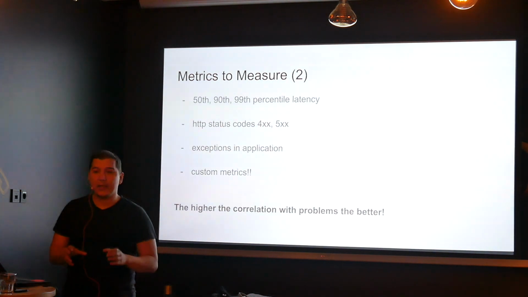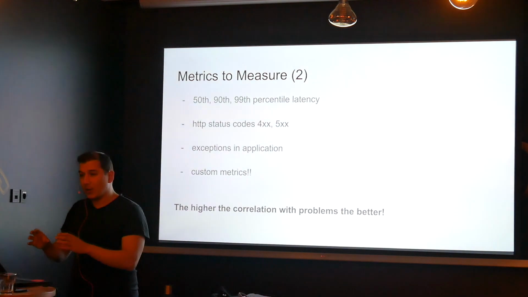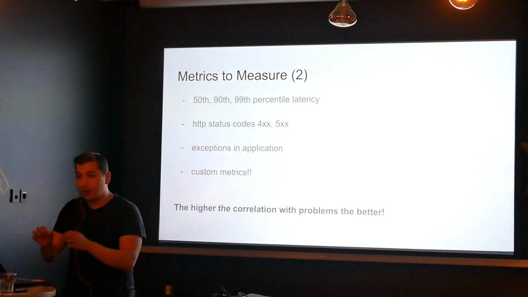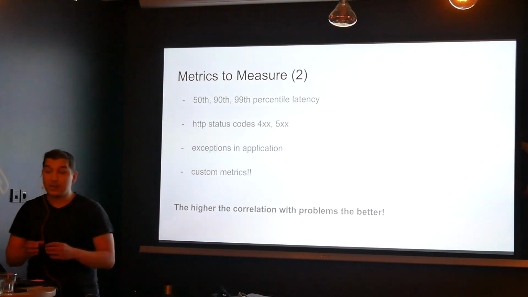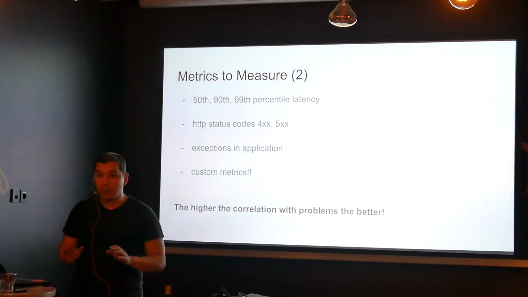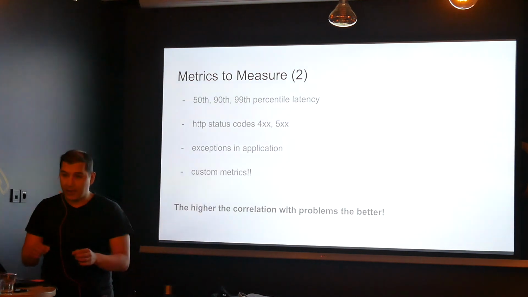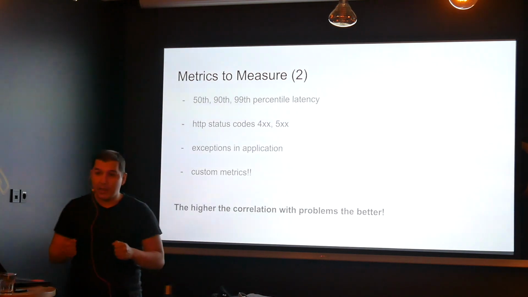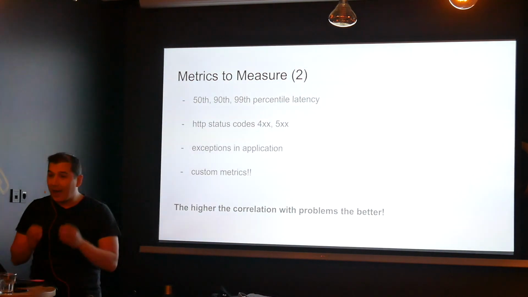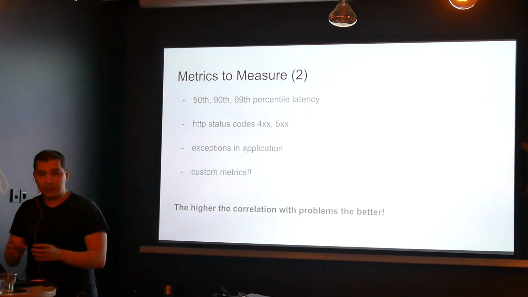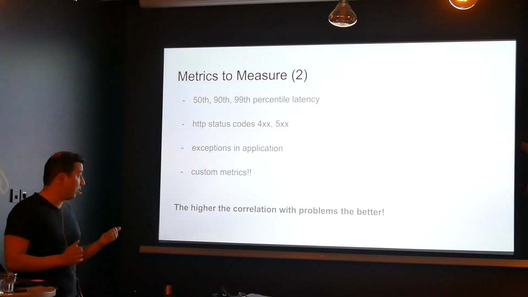If you have your service and you know that this one metric which you custom built has a lot of value about whether the service is working or not, then that's a great metric. Use that one. The more you know about your application and business logic, and the more you put that into a metric which has a high correlation to functionality, the better the metric is for the canary analysis itself, the step later.